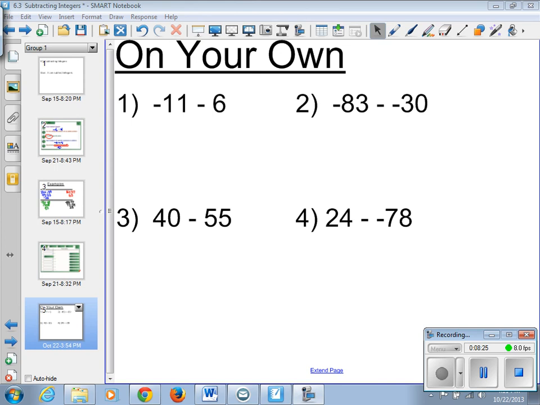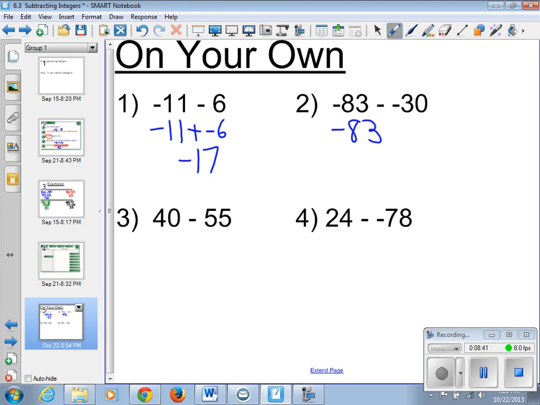Welcome back. You have hopefully got 4 correct answers. Now let's see how you did. Negative 11 plus negative 6 equals negative 17.